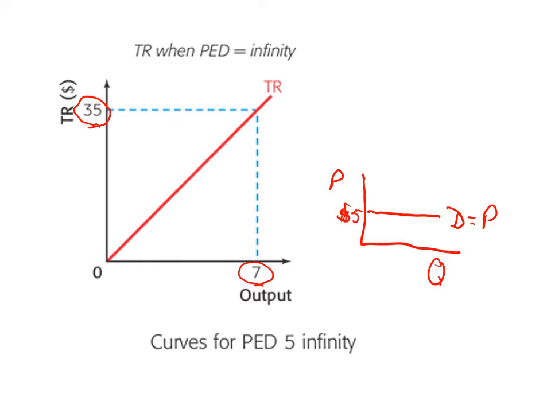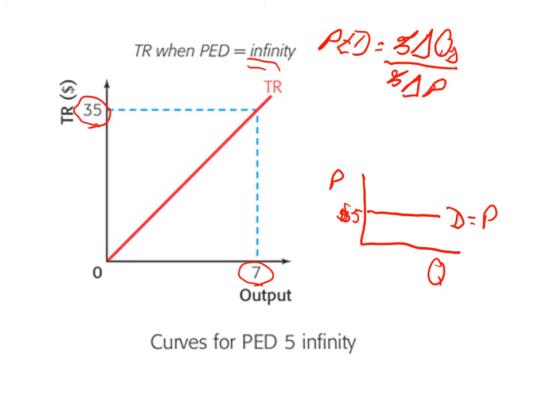Just a reminder about infinity: PED equals percentage change in quantity demanded over percentage change in price. If we had the units for quantity, we certainly could come up with a number for the numerator.